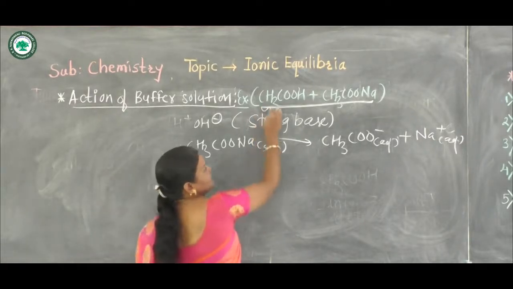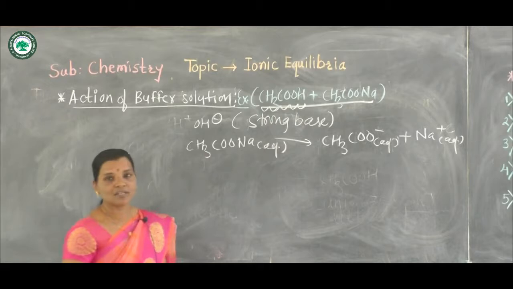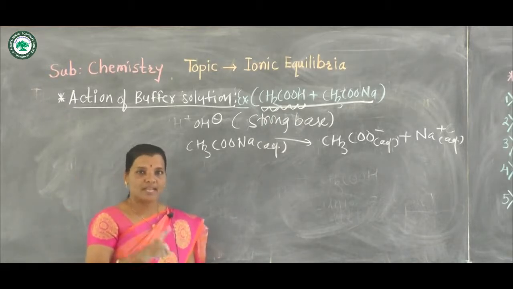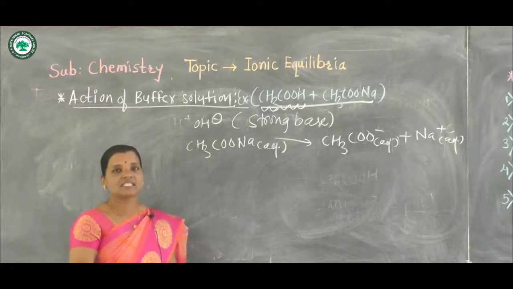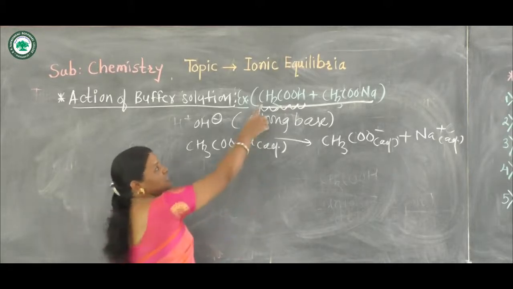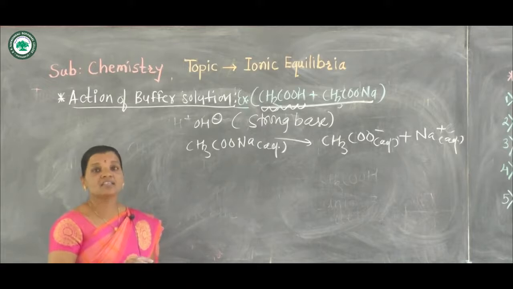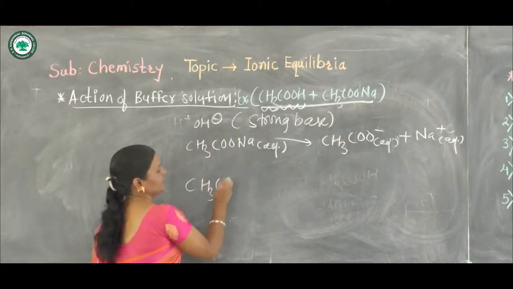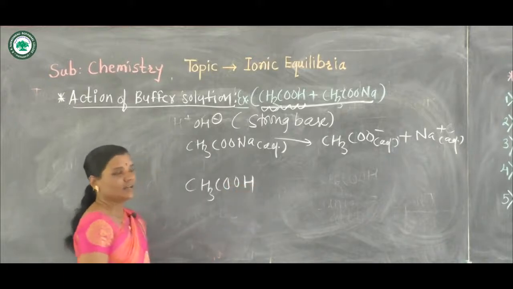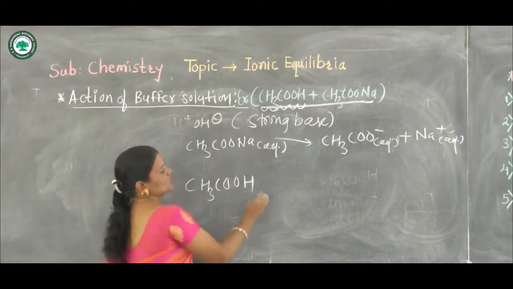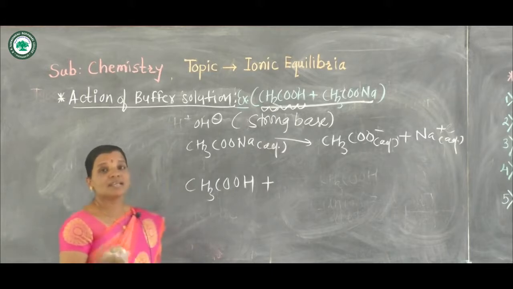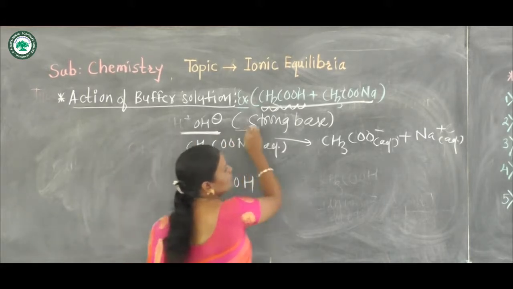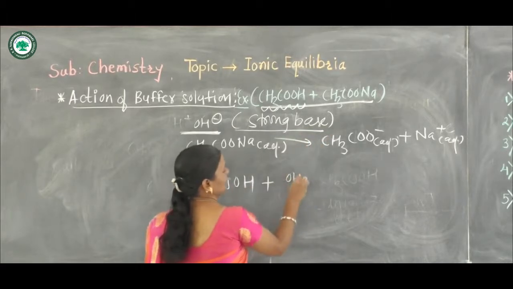But here the acetic acid from the buffer solution, in the unionized form, is present in excess, and this acetic acid neutralizes this extra OH minus ion from the strong base.